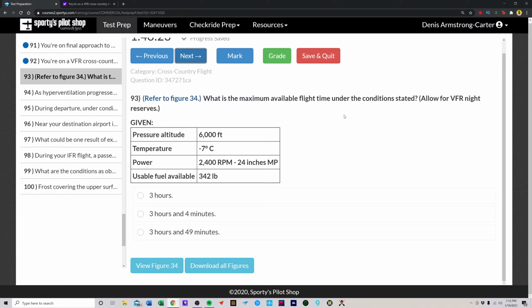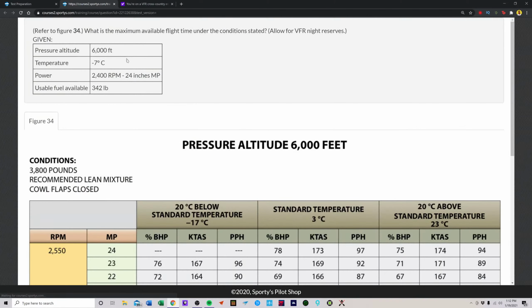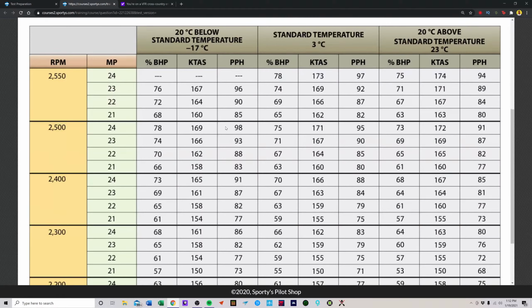What is the maximum available flight time under the conditions stated? Signal minus 7. Alright, 2,400 RPMs, 24 inches.